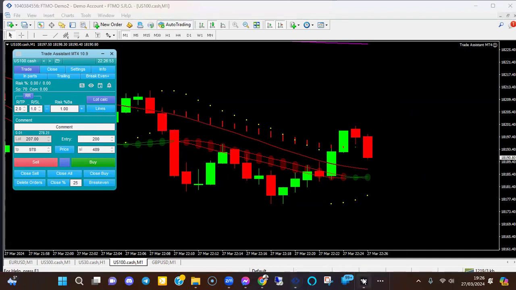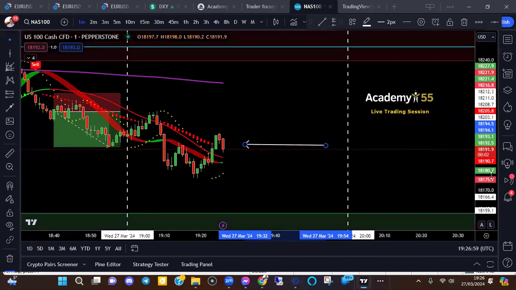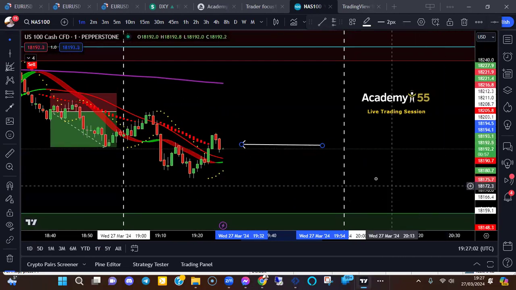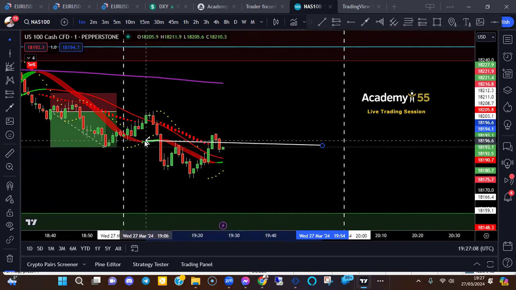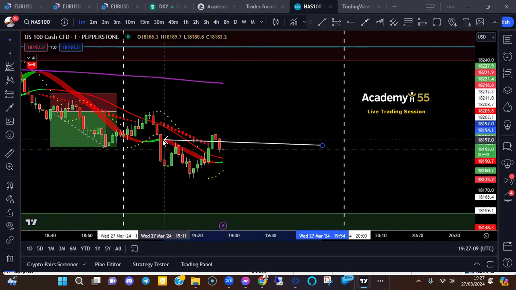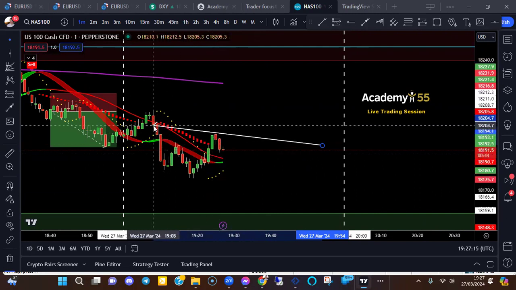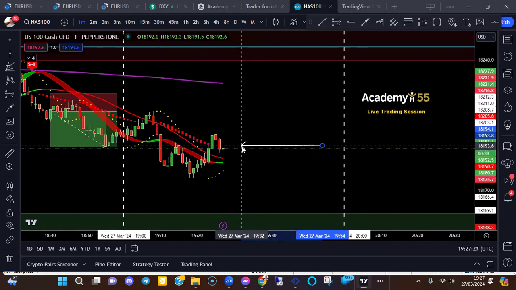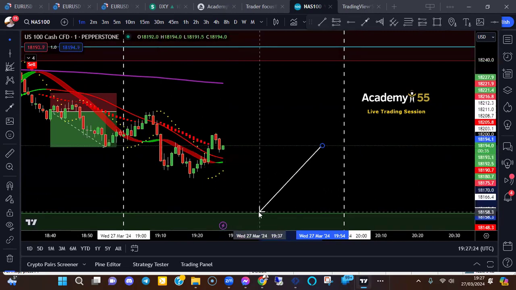Go back to TradingView. The actual fact is it's looking like it's doing more or less a repeat of what it's done there. We had a bit of a false buy going in with the ribbon. Might be copying exactly the same sort of scenario it did there. Doing something very similar here, before carrying on back down again.